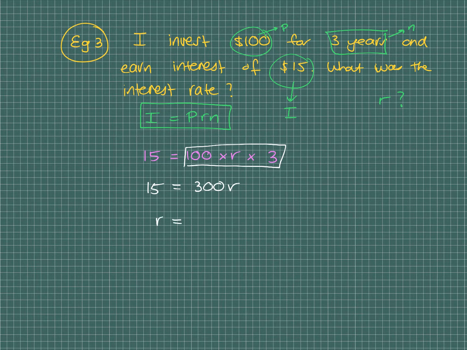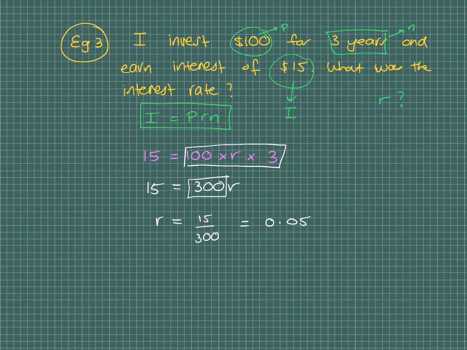Well, this is 300 times R, so the opposite of times 300 is divided by 300. So I'm now going to type in my calculator 15 divided by 300. Remember, this will give us the rate as a decimal.